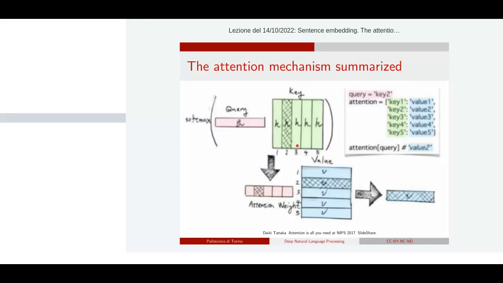And of course, if you maximize the probability distribution, you find the key that maximizes the similarity. So it returns value 2 as the most similar key according to the content of the query, which is key 2. Exactly. Now here we have an exact match. In practice, we may also have some partial match.